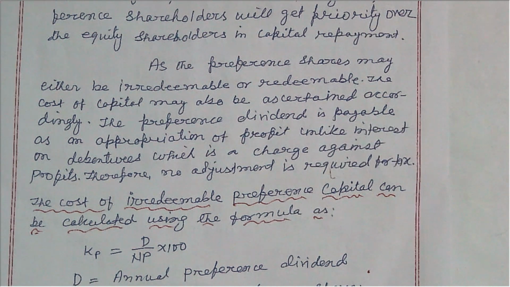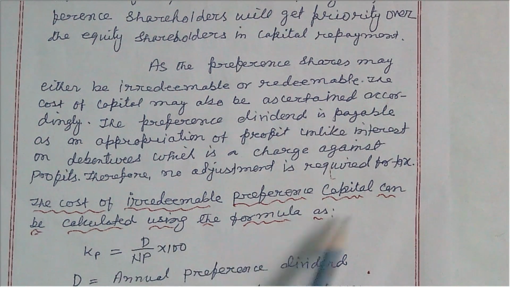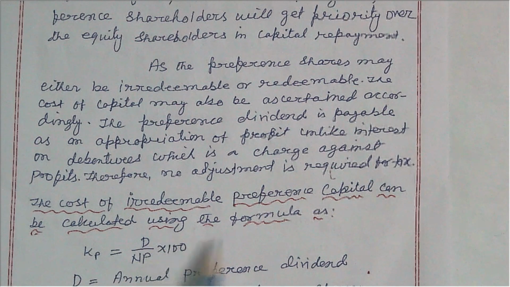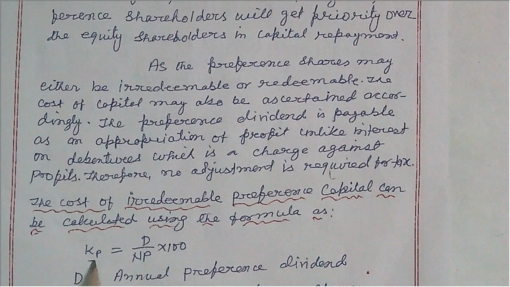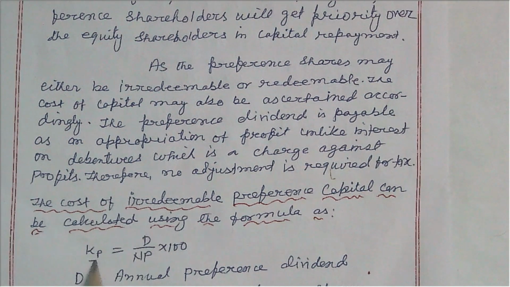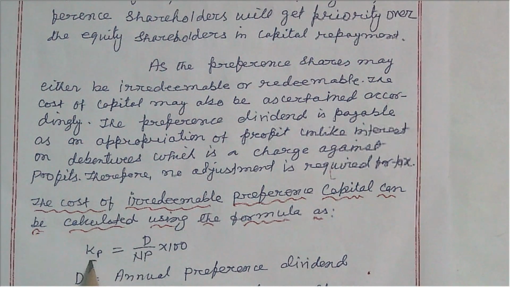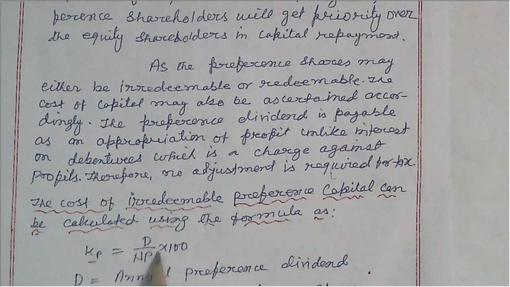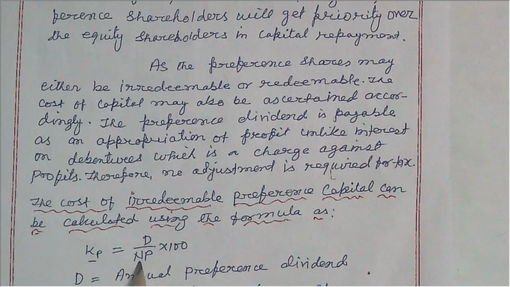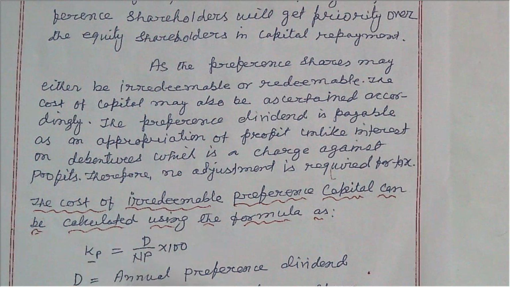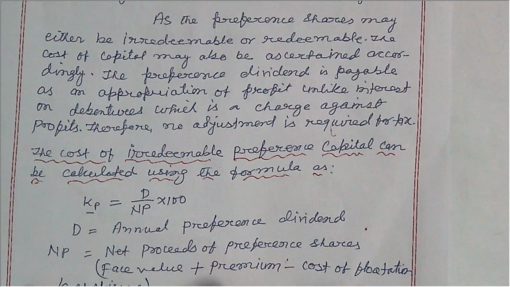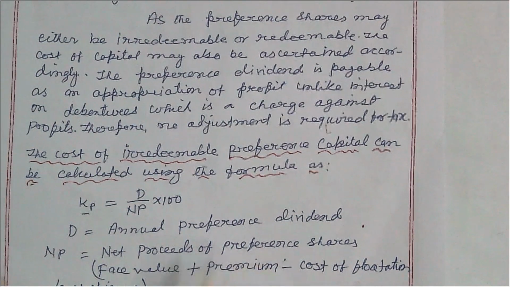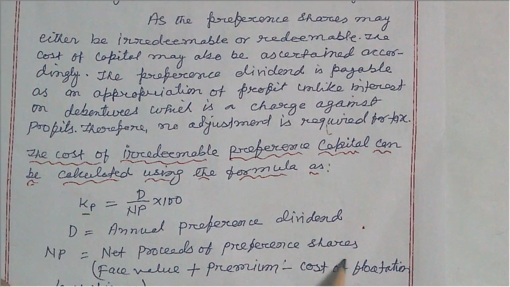In the same manner, the cost of irredeemable preference capital can be calculated using the formula Kp equals D by NP into 100. Kp stands for cost of preference capital, D is the annual preference dividend, and NP is the net proceeds of preference shares.